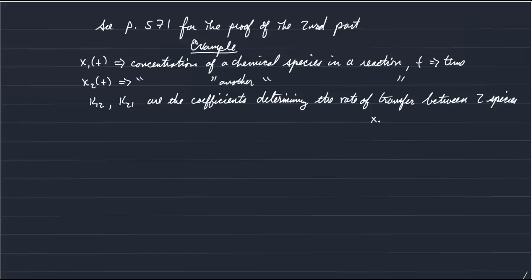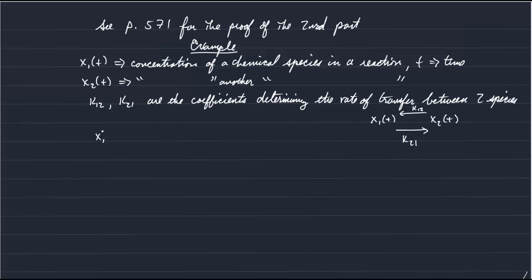That is, from x1, part of it is transferred or becomes x2, and the rate is proportional to k21, and from x2, part of x2 is converted to x1 by the chemical reaction at a rate that's proportional to the coefficient k12.